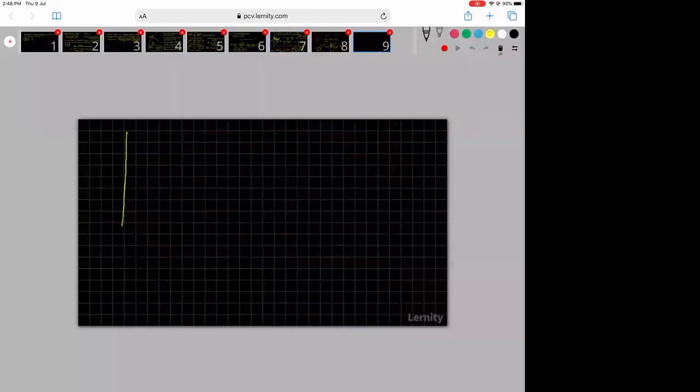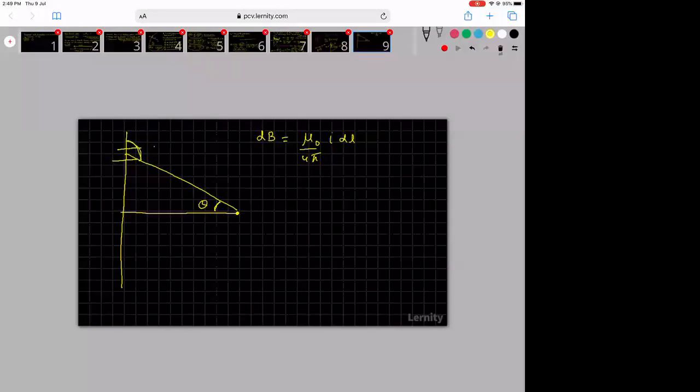So this is a wire. This is a point where I want to find out the magnetic field. Suppose I take a small element here and I call this angle theta. If I apply the Biot-Savart law, dB is equal to mu naught by 4 pi I dl sine of this angle, let me call that phi, sine phi by r squared.